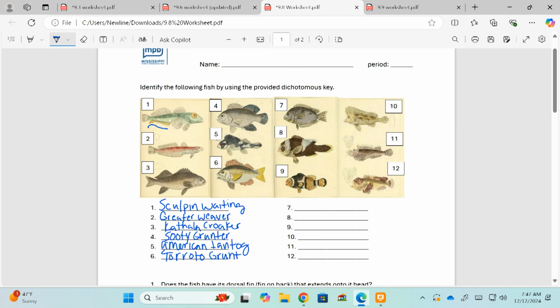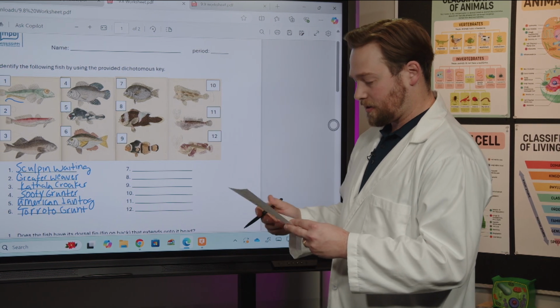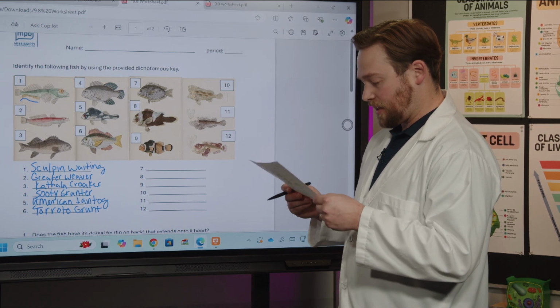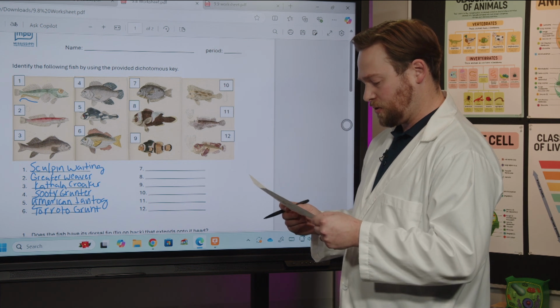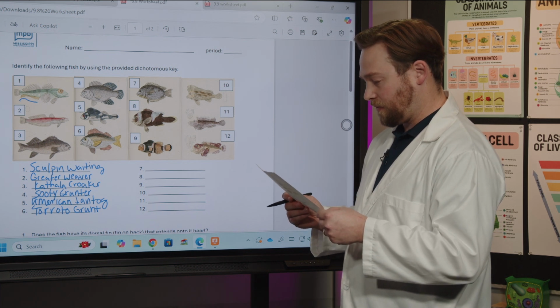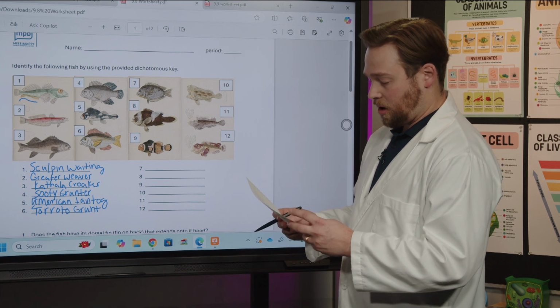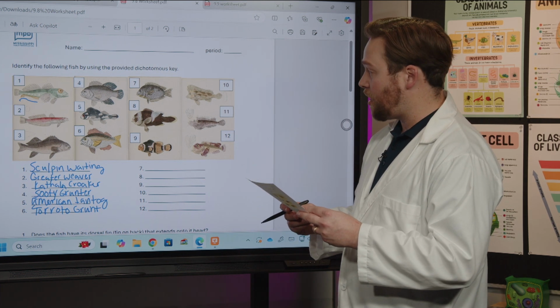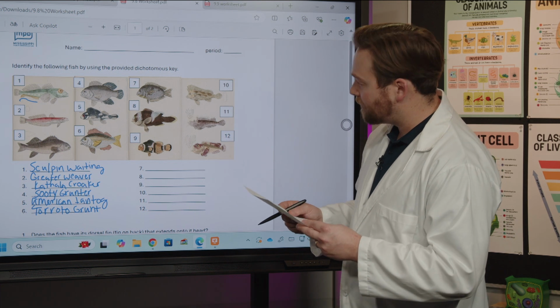Great. All right, let's do 7. Y'all are doing great. Thanks for hanging in there with me. So looking at 7 here. Does the fish have its dorsal fin that extends onto its head? No. Go to 2. Does the fish have yellow fins? Yes, it does. So it tells us to go to 10. All right. Is the fish green? No. So go to 11. Does the fish have yellow and red fins?